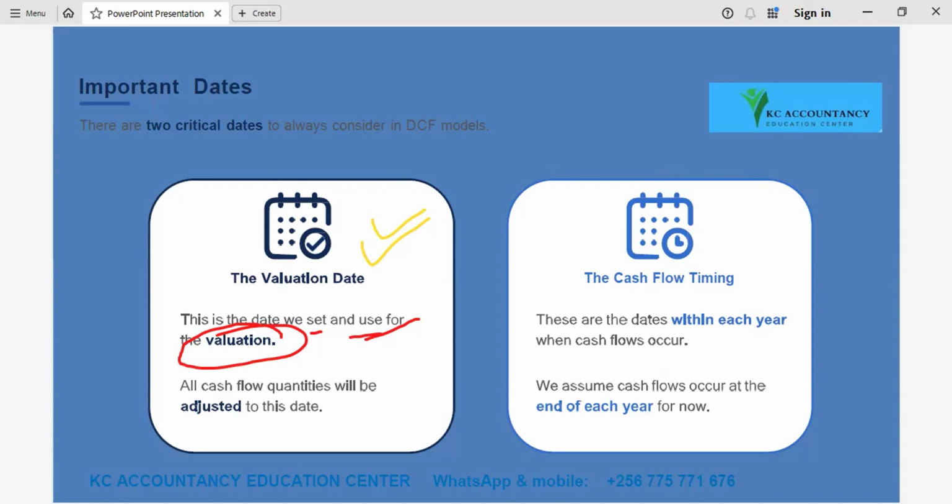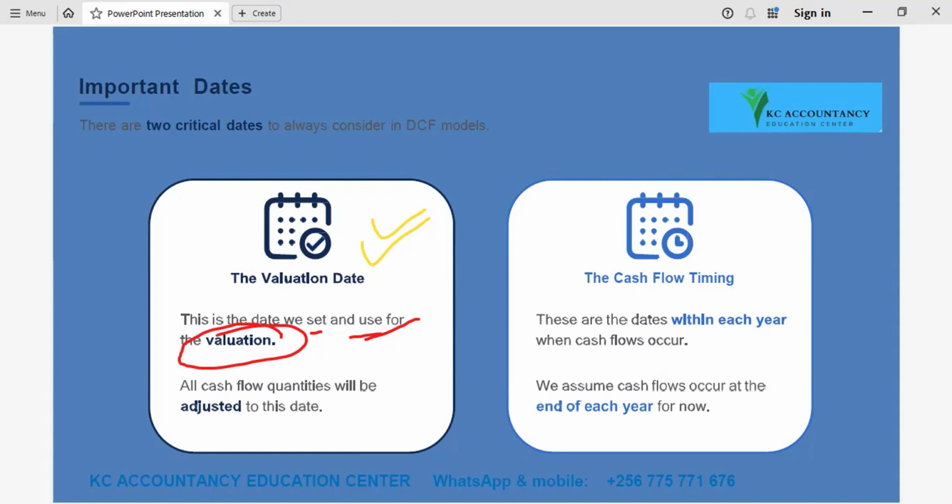So when we refer to a present value, that present value is as of the valuation date. In other words, if we say that we are going to start valuing in this year 2024, the point is that the present value for us is only looked at as 2024.